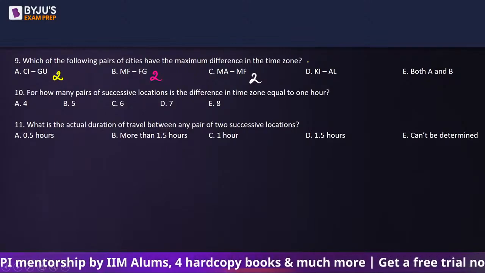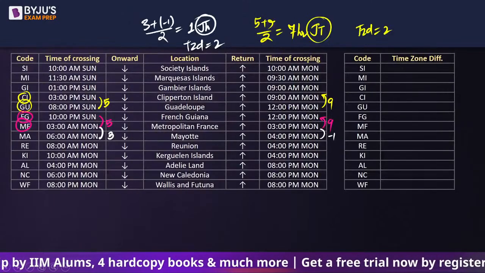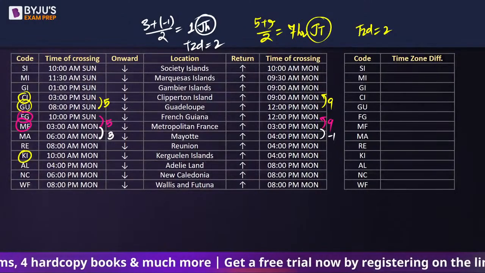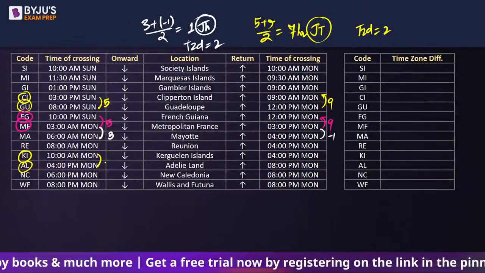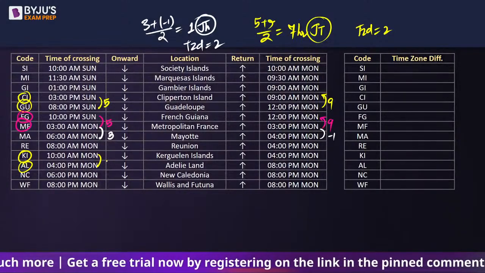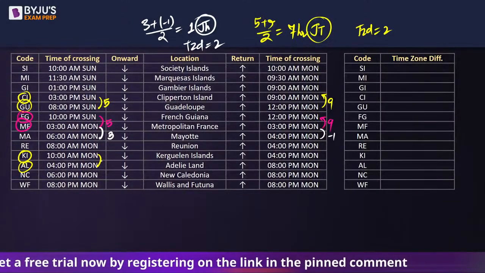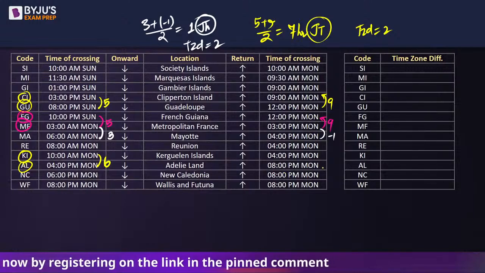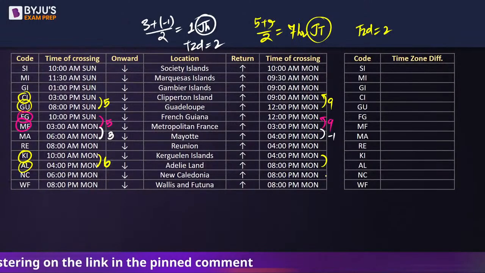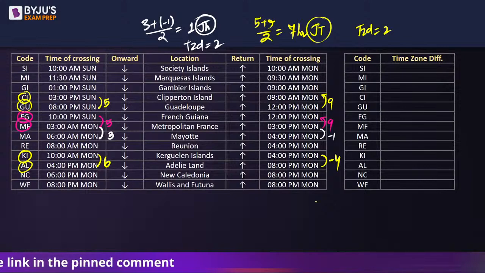Let's look at option D, KI and AL. So 10 to 4, this is 10 a.m. to 4 p.m. Wow. So this is 6 hours, same day. And 8 p.m. to 4 p.m. Oh, this is minus 4 hours.